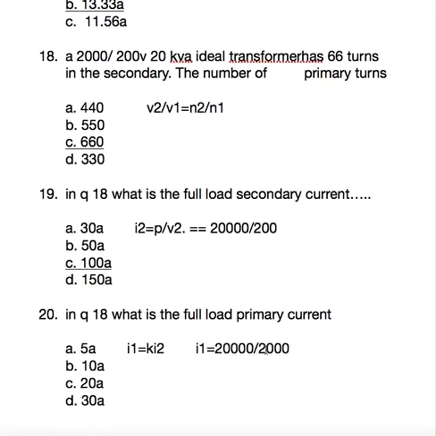The remaining is 20 divided by 2. 2 tens are 20. So the value will be 10. The answer is 10 amps.